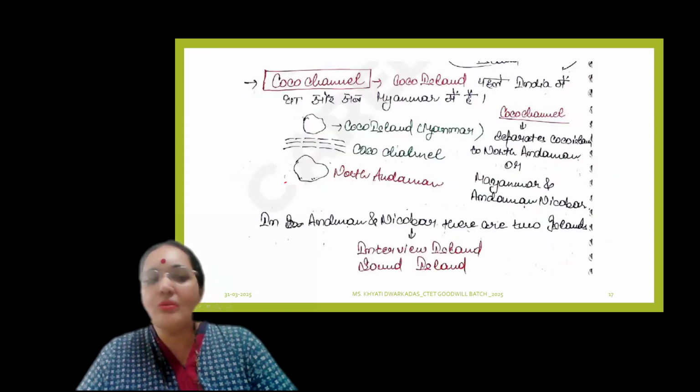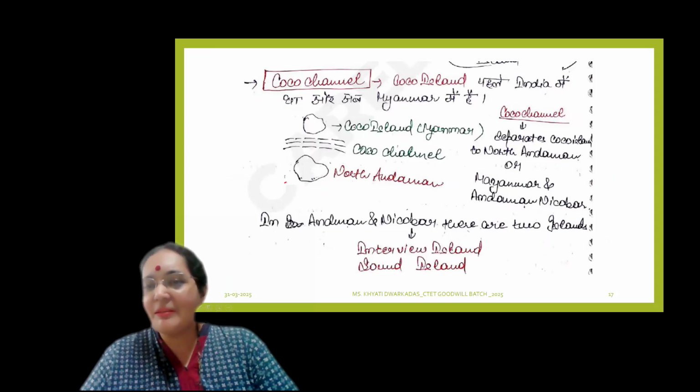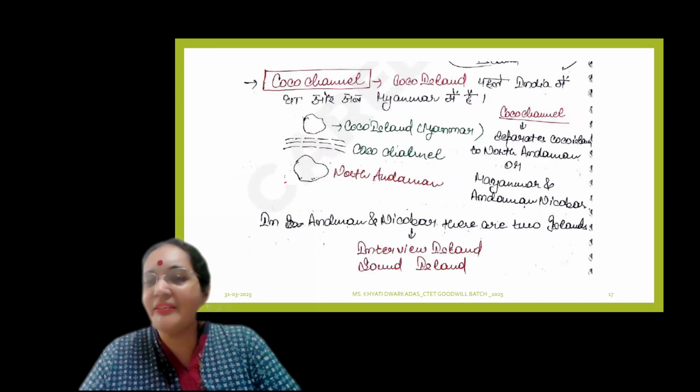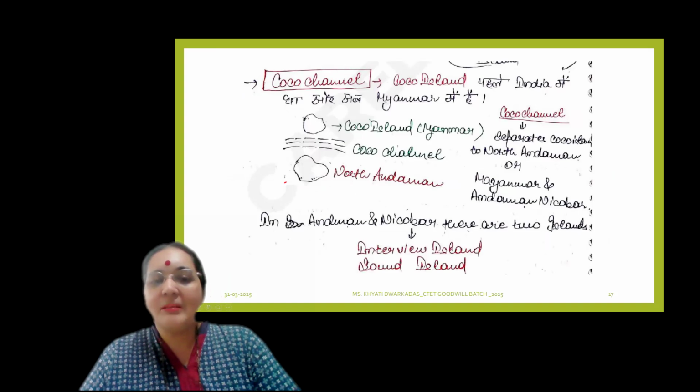Then there is also the Coco Channel. Easy to remember, Coco is a very famous island, Coco Island, Coco Channel. It used to be a part of India, but now it's a part of Myanmar.